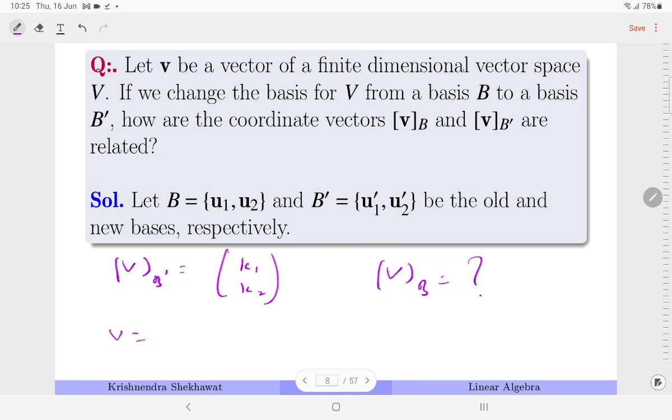It means V can be written as K1 U1 dash plus K2 U2 dash. But U1 dash and U2 dash are vectors in V, which implies U1 dash can be represented as A U1 plus B U2, and U2 dash can be represented as C U1 plus D U2, where U1, U2 is also a basis.